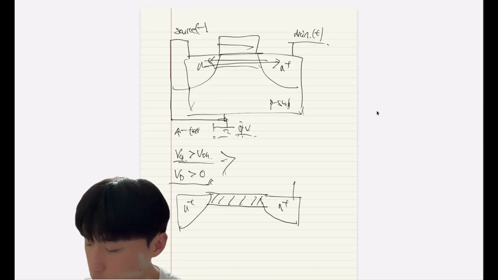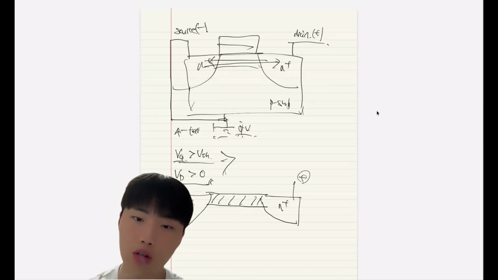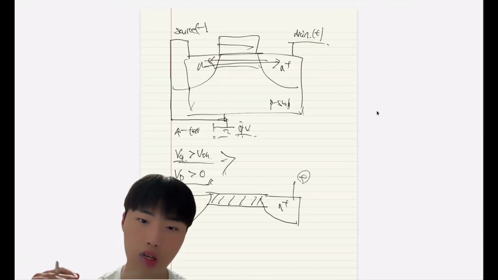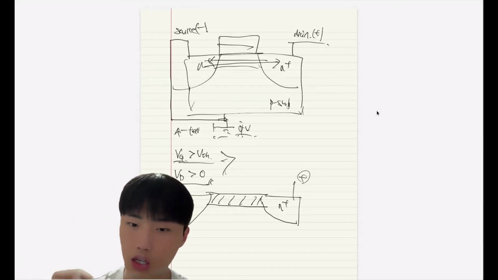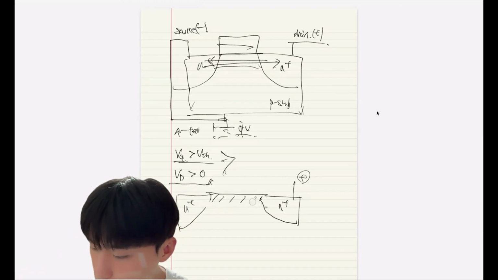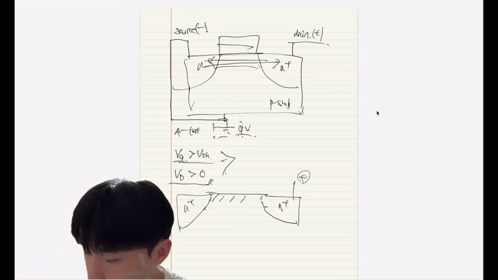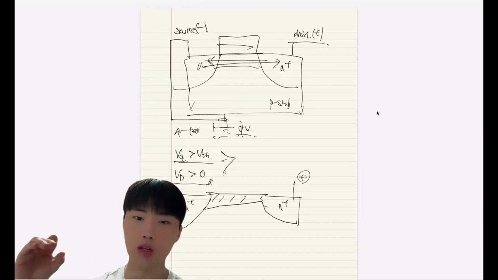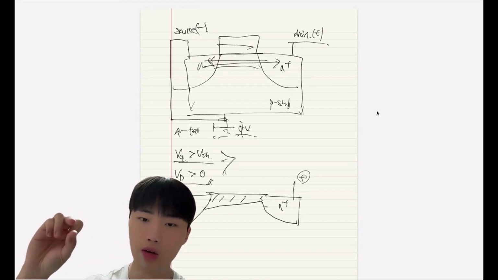But when there is too strong a bias on the drain side, there is a very strong electric field on this channel, and the channel will change like this. The drain side channel will get thinner.